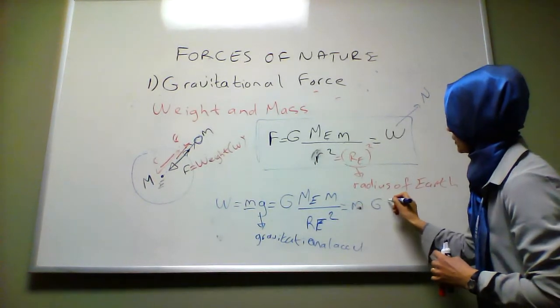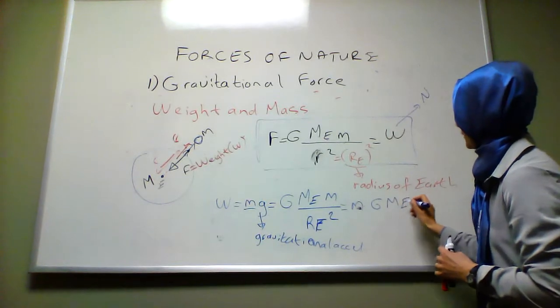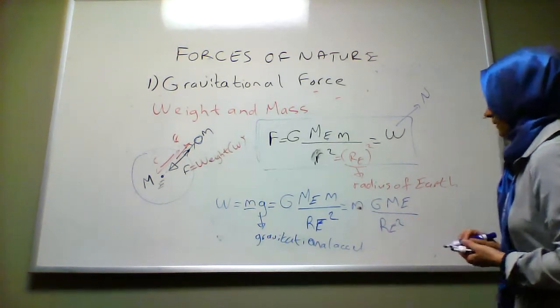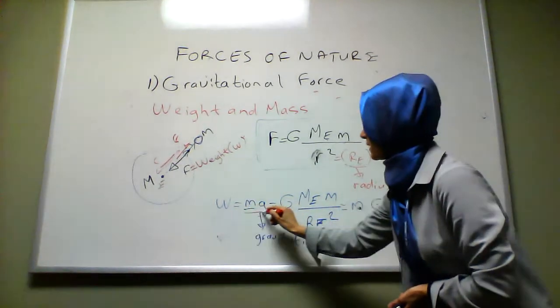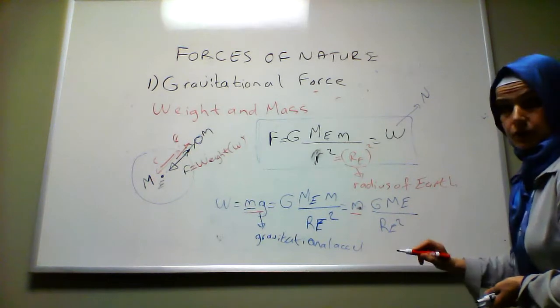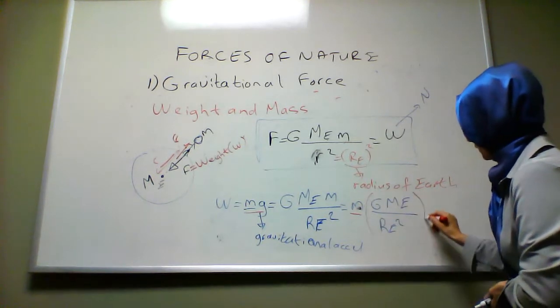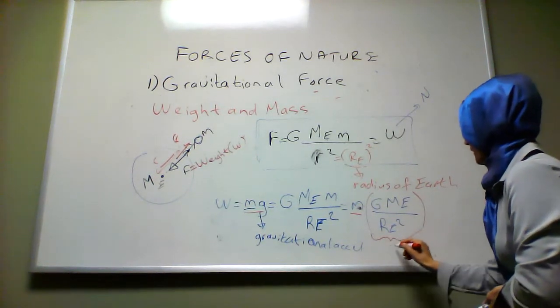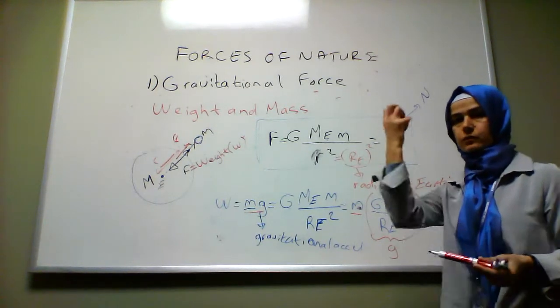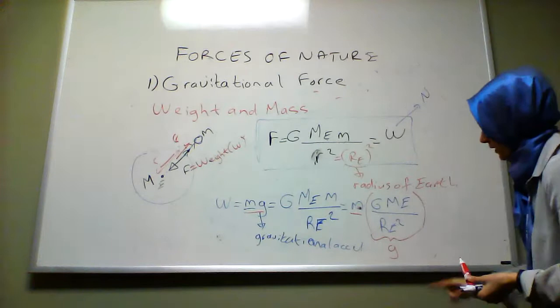So I have left here G M Earth divided by R squared, R Earth squared. So mg is equal to M times G M Earth divided by R squared, meaning that this is actually equal to gravitational acceleration. So how is the object pulled down by this gravitational acceleration?